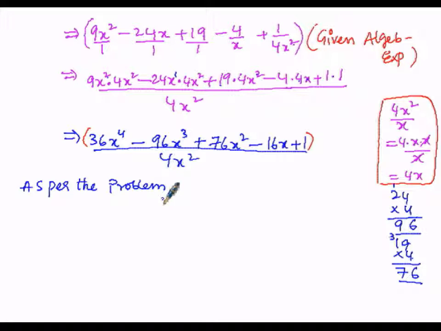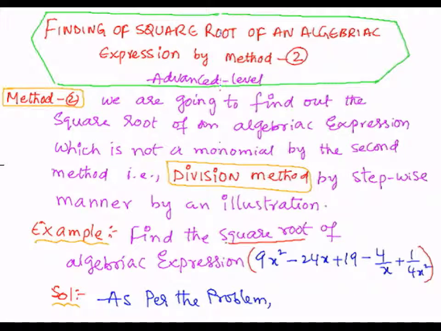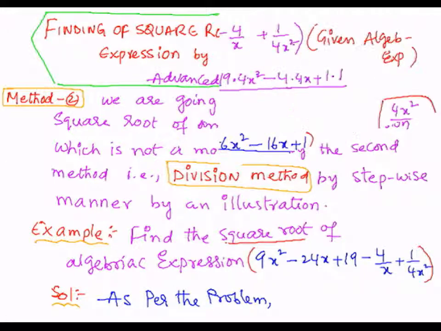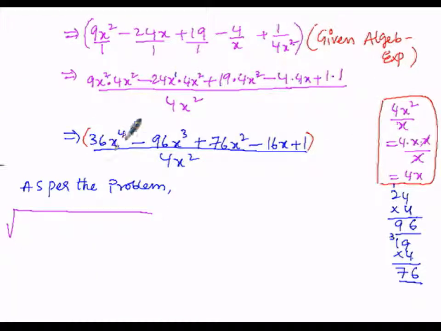The given algebraic expression is 9x square minus 24x plus 19 minus 4 by x plus 1 by 4x square, which is nothing but 36x power 4 minus 96x cube plus 76x square minus 16x plus 1 divided by 4x square.